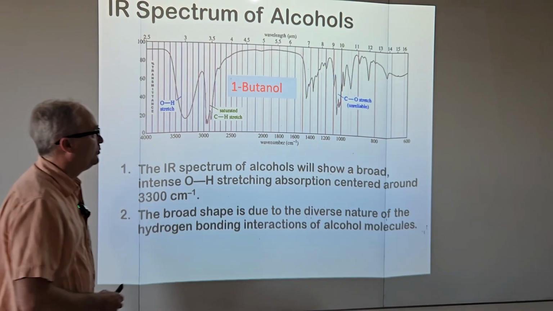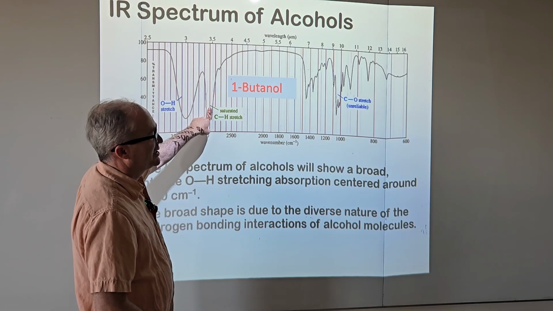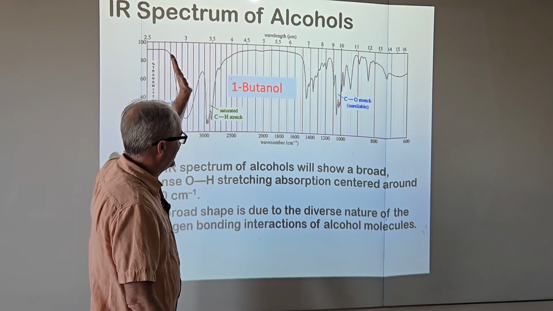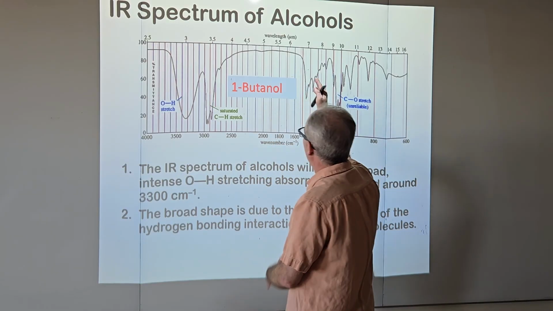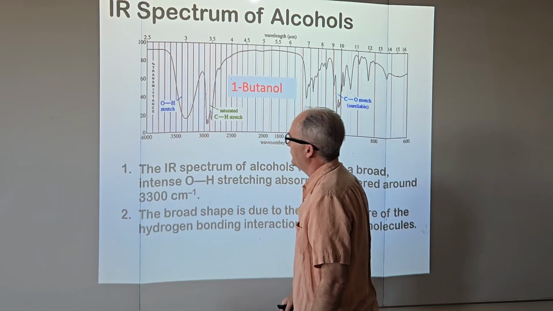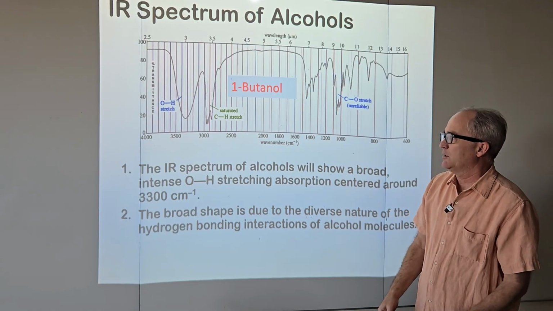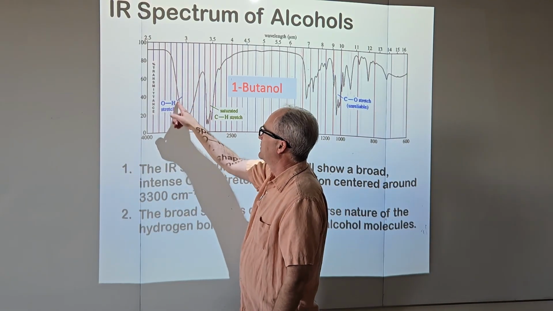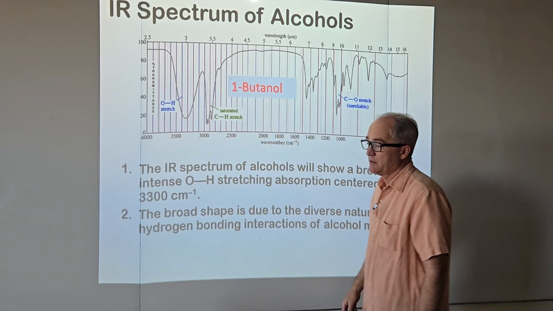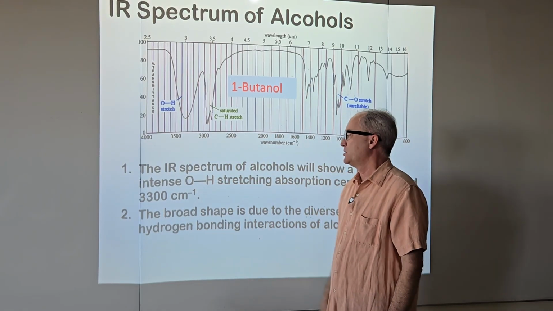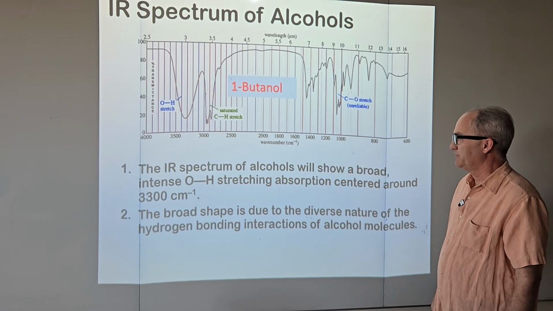So here is butanol. So here's the thing every hydrocarbon has. Doesn't tell us a thing. We kind of ignore this side. We look from here on and say, what functional groups do you see? So here's this broad, intense peak up here. That tells us hydrogen-oxygen stretching. Has to be an alcohol.